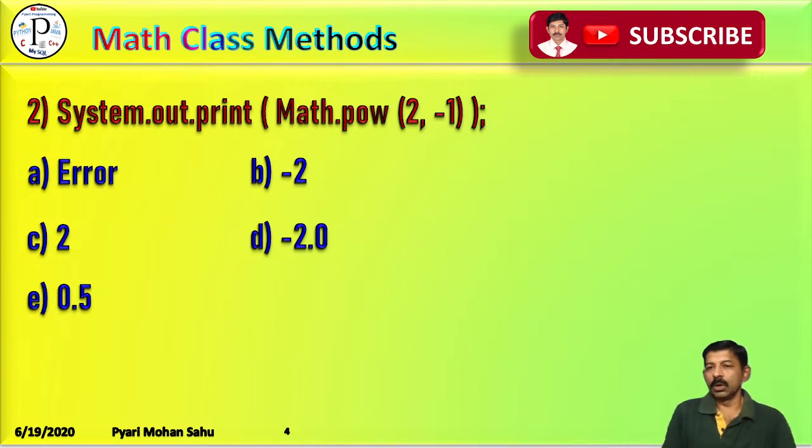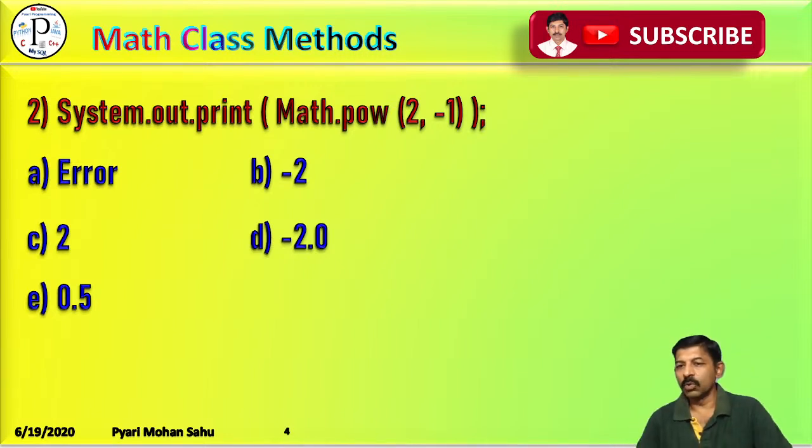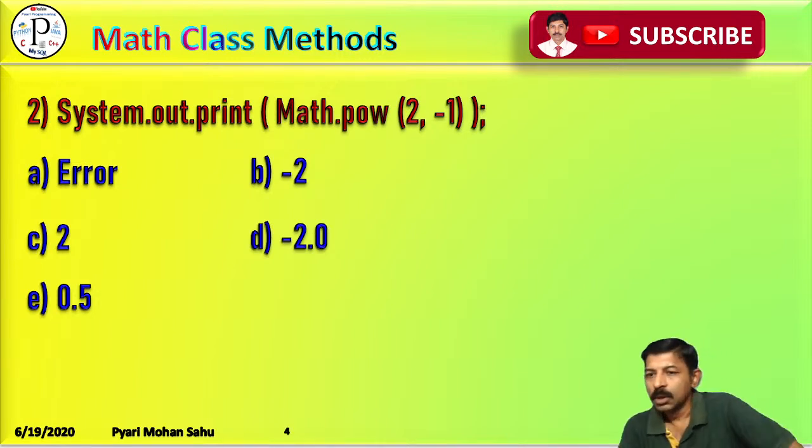Yes, I understood. But my question is that 2 to the power 1 is 2. Yes, perfectly Swagat Kumar Hutta. 2 to the power minus 1 is equal to 1 by 2 to the power 1. That is 0.5. Yes, good.